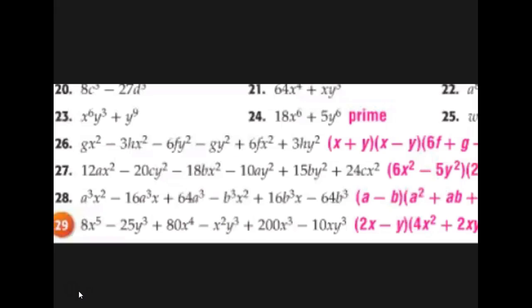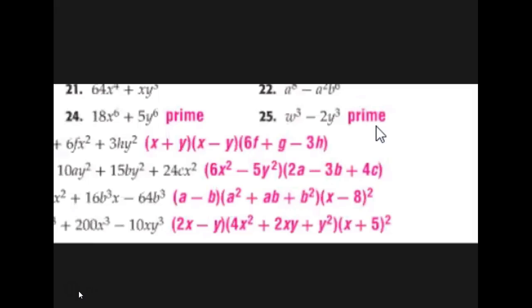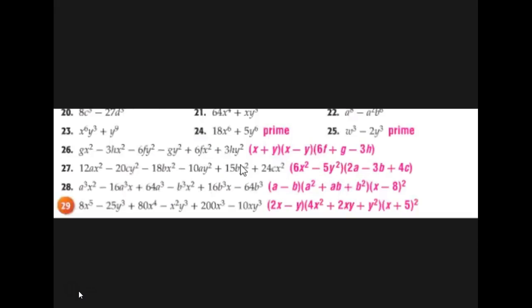24, as many of you had, was prime. 25 was also prime. 26, you had to group these. So you wanted to either group them with all of the x's together and all of the y's.